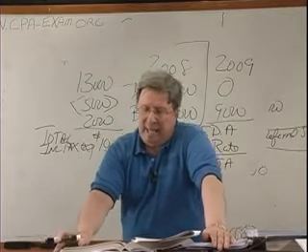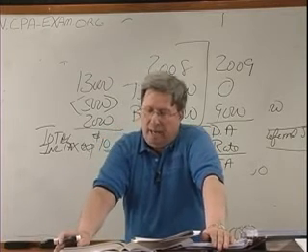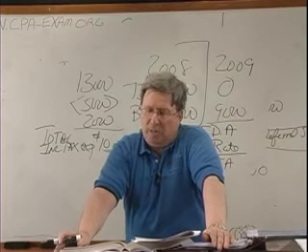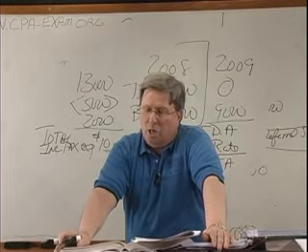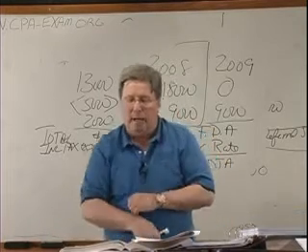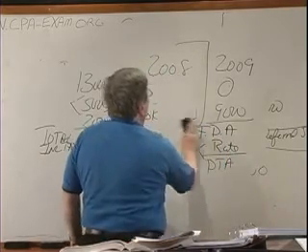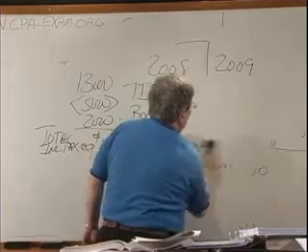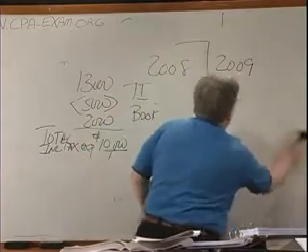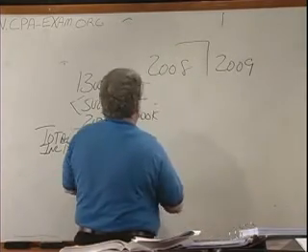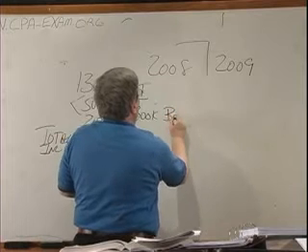Now, bad debts are estimated and expensed in the income statement. No bad debts were charged to the allowance and written off during the year. Now, what do we know? On our books, we accrue bad debt expense.